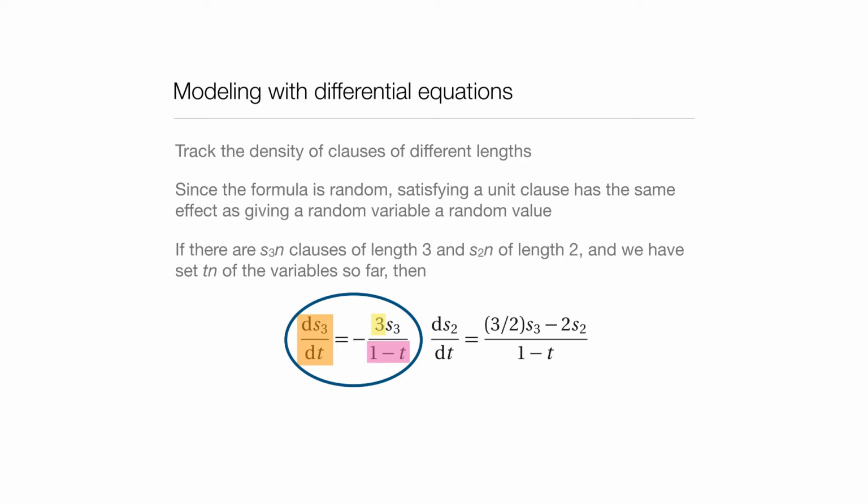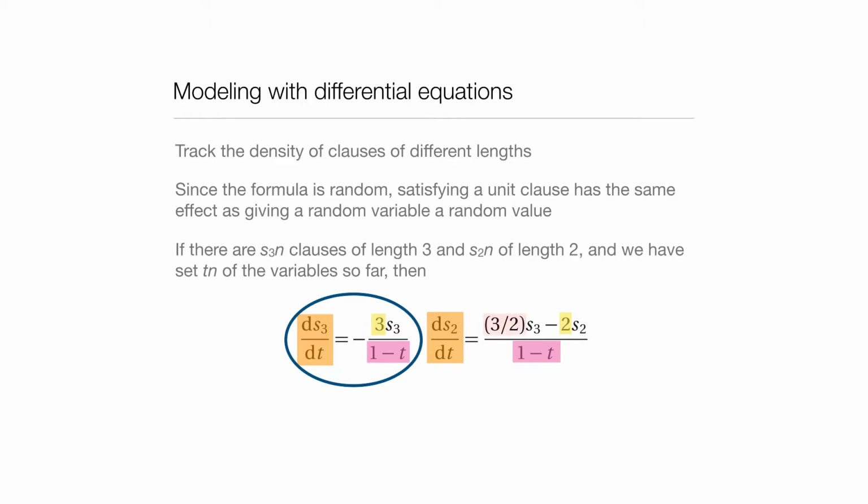Okay, all right. So what about the other differential equation? What's the typical change in the density of 2 variable clauses? Well, this is roughly the same reasoning. First of all, a 2 variable clause has 2 chances of its variable being set next. So we have this term where they decay at a rate which is 2 over 1 minus t, the fraction of variables that haven't been set yet.